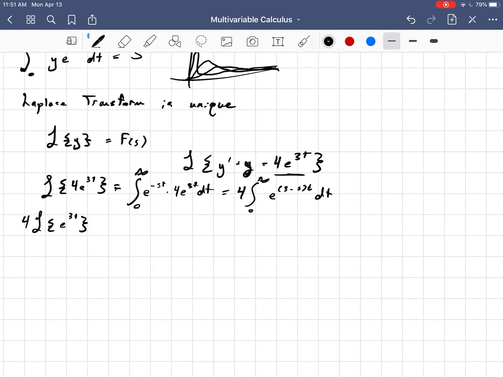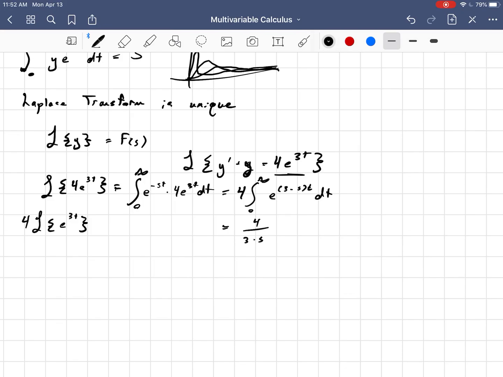So the point I'm making here is we could have just written it as 4 times the Laplace transform of e to the 3t. You can put a constant inside the Laplace transform, and since it's defined through an integral, just put it out front, just like how you do with integrals.